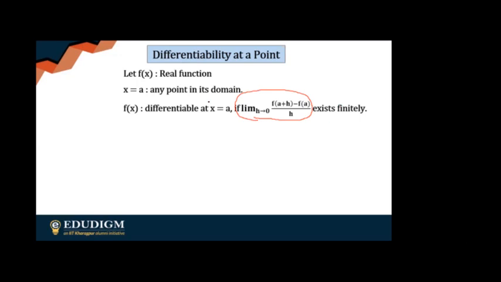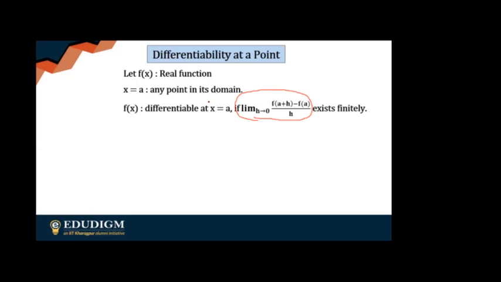But just like the normal cases where terms and conditions apply, you probably didn't notice one part: f dash x equals limit h tends to 0 of f(x plus h) minus f(x) by h, provided the limit exists.